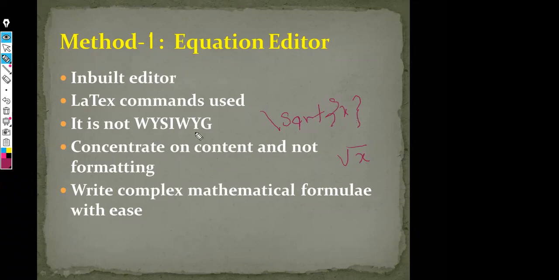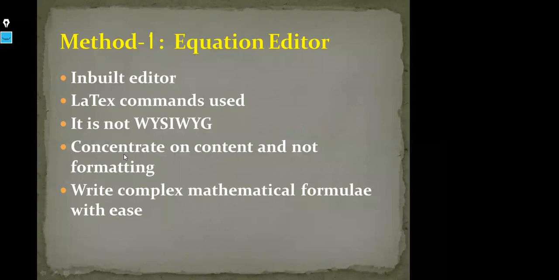So this is the reason what you see is not what you get, and that is a problem with LaTeX, and because of that many people don't like LaTeX. But this method concentrates on the content and not on formatting.